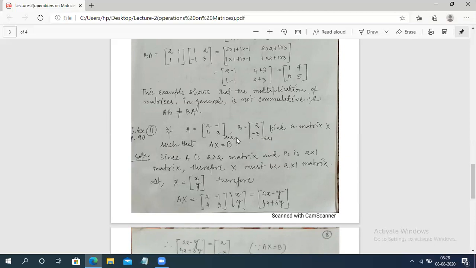If we take a matrix X of order 2 by 3, then the resultant matrix would be of order 2 by 3. But the resultant matrix is 2 by 1. That means X must be of order 2 by 1. Clear?